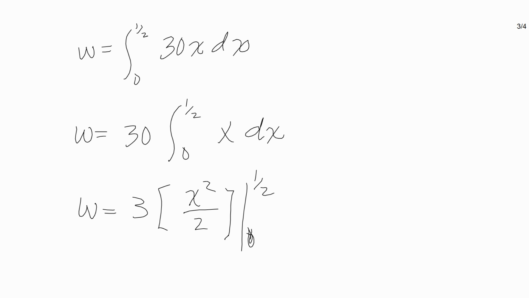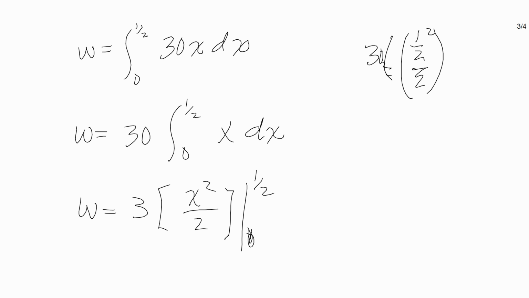That'll be 0. So our final outcome is 3 times 1/2 over 2, raised, or 1/2 to the second power. Okay, is that what we got? This has to be 30. Oh, 30. Thank you.